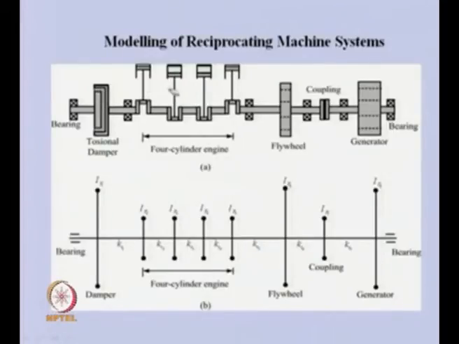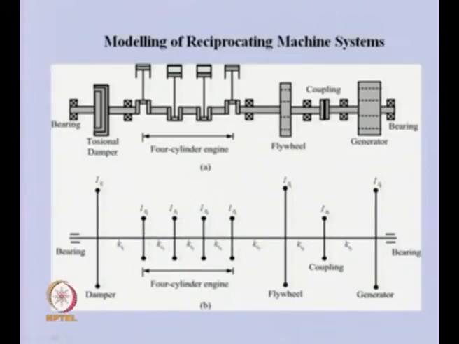But this engine has not only revolving parts, but some parts are oscillating or have pure reciprocating motion. So, now our aim would be to convert this particular engine to equivalent revolving parts.